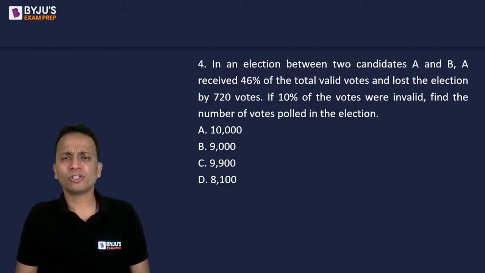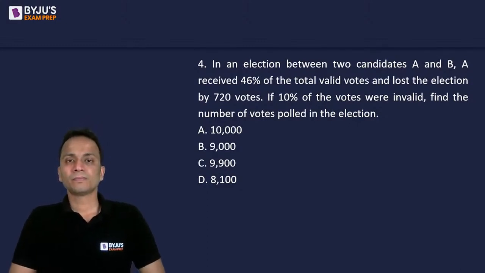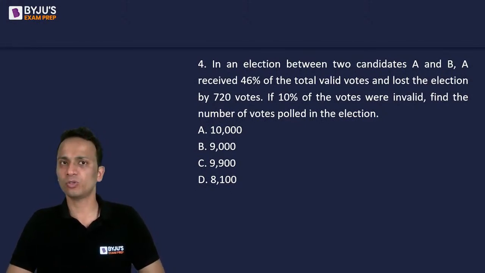A very regular question based on percentages. In an election between two candidates, the candidates are A and B. A received 46% of the total valid votes and lost the election by 720 votes.